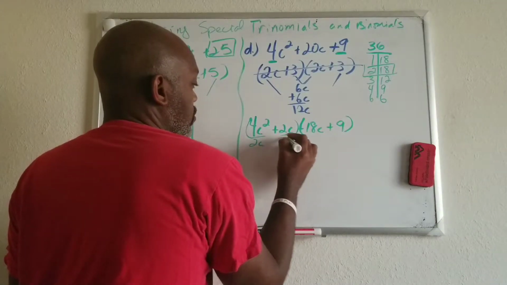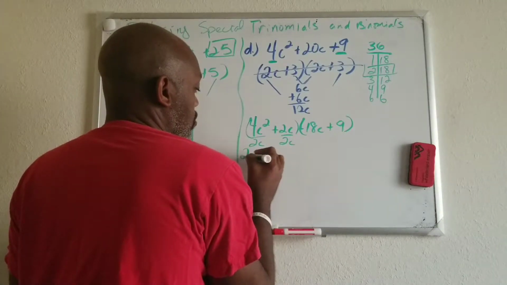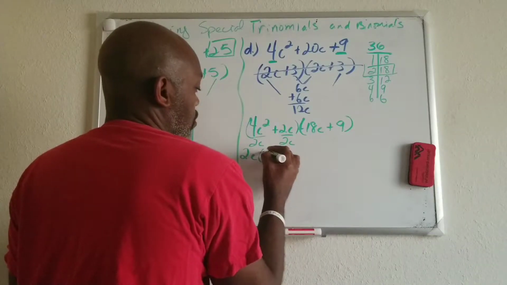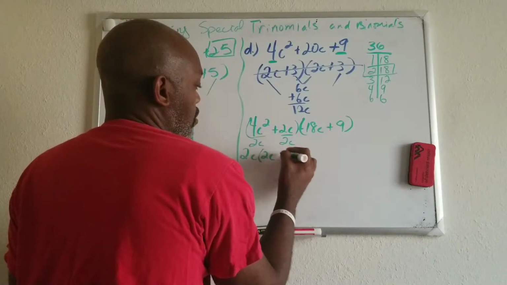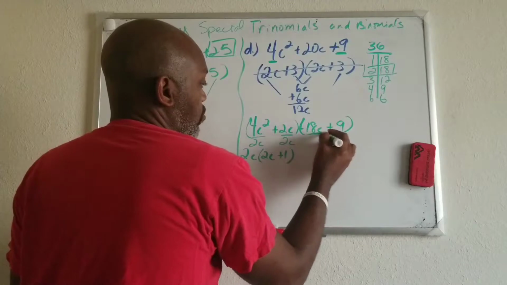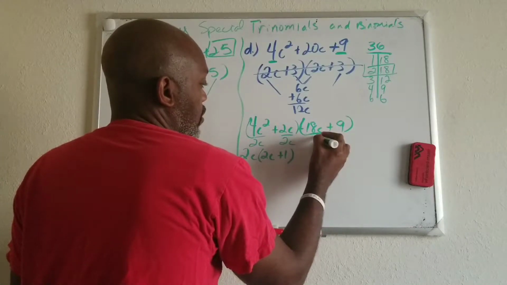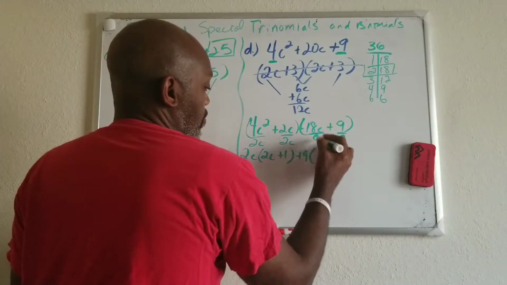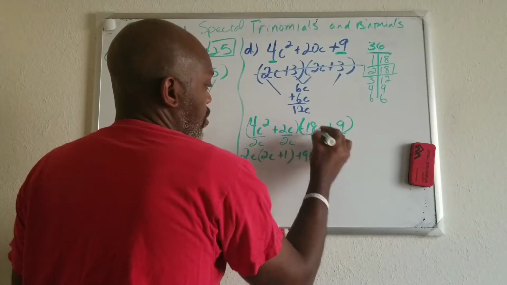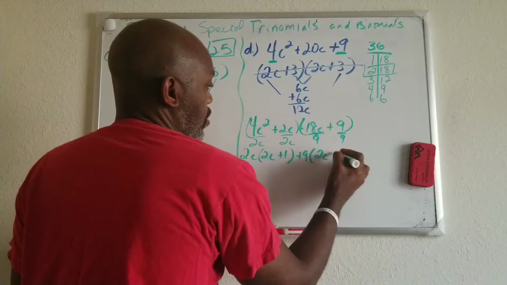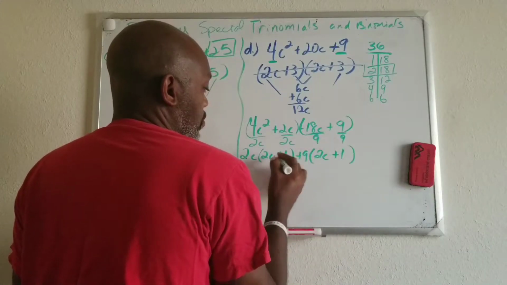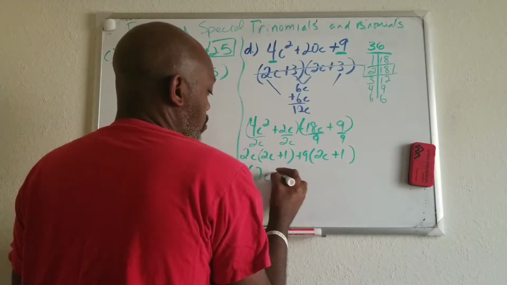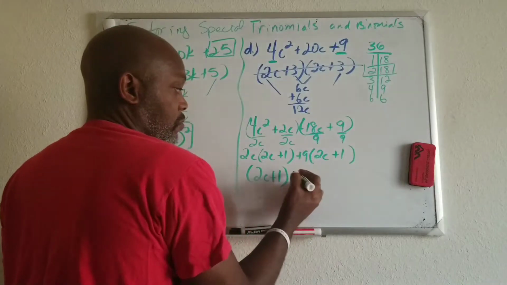We're going to break this down by 2c. We're left with 2c plus 1. Break this down by 9. End up with 2c; 18 divided by 9 is 2c plus 1. The greatest common factor here is 2c plus 1.